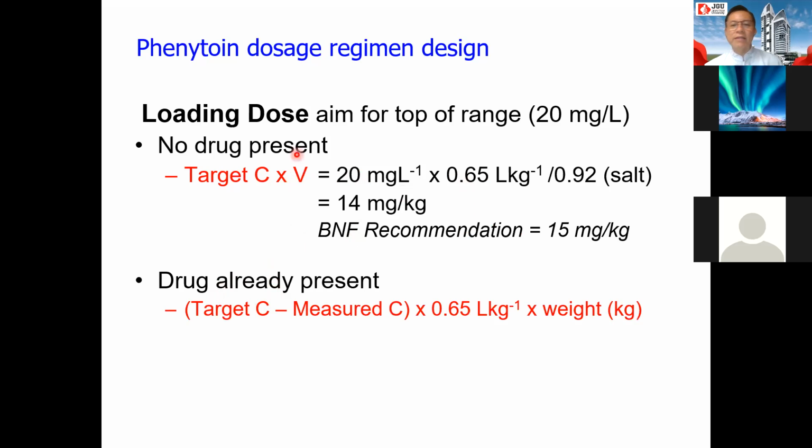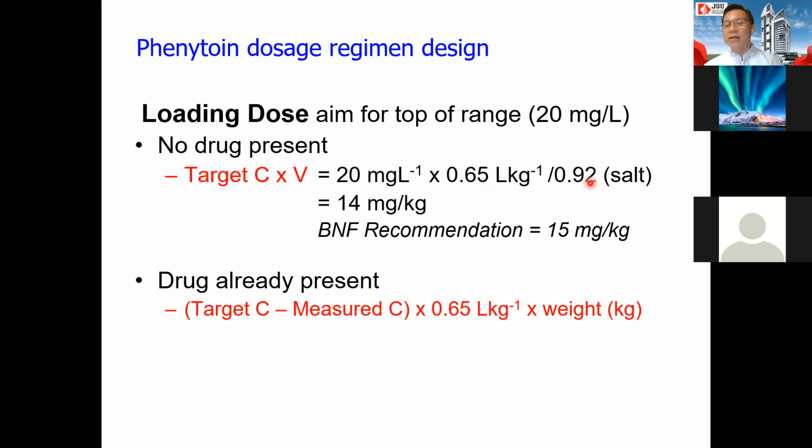Let's say you want 20 milligram per liter. So 20 milligram per liter times VD, where VD is about 0.65 liter per kg, divided by the salt form. The salt factor is 0.92, because normally phenytoin is given as phenytoin sodium, but in the blood it is in the form of phenytoin.